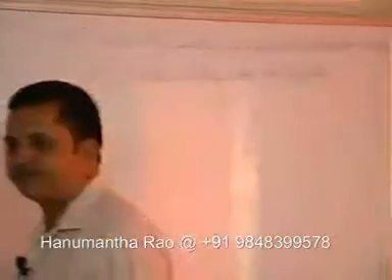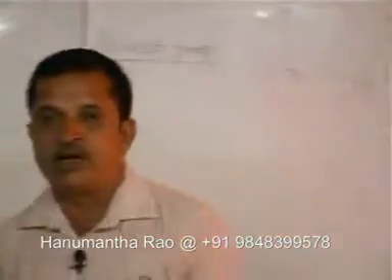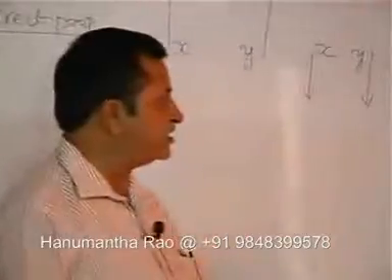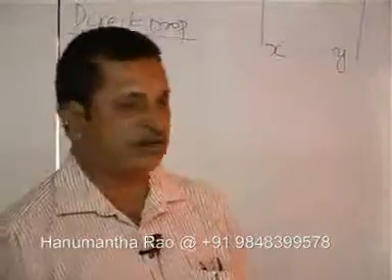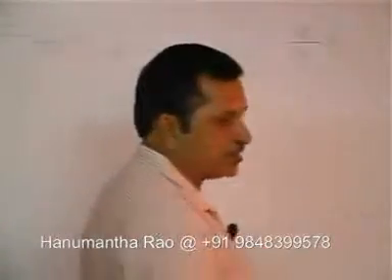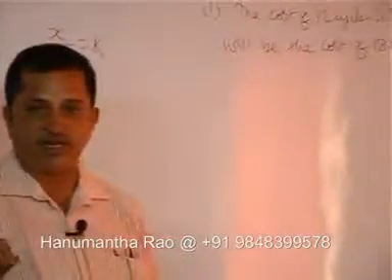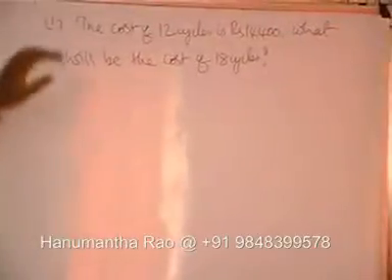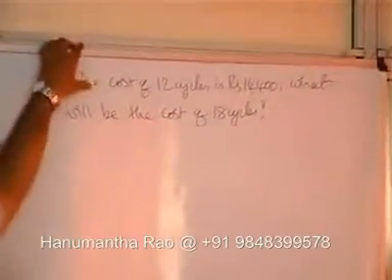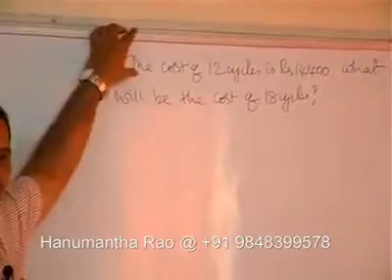Simple problem. In our childhood days, if you wanted to solve this, how would you write it? Cost of 12 cycles is equal to 14,400.